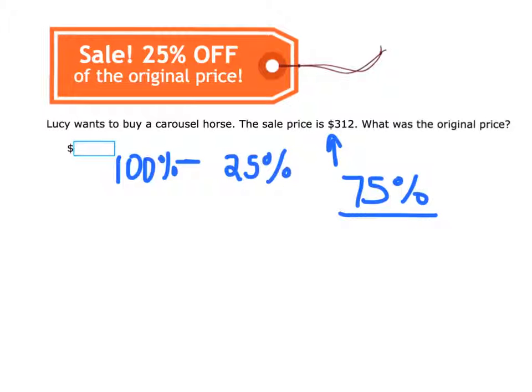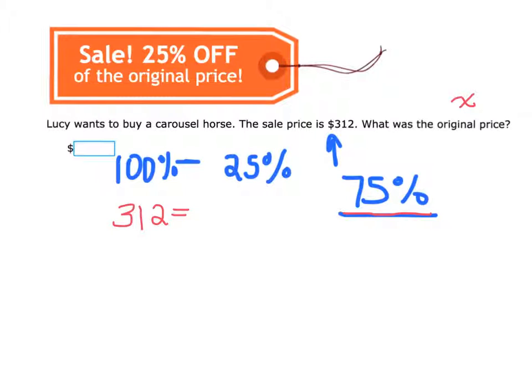So if we let the original price be the variable x, that's what we're trying to figure out, we could set up a one-step, very simple equation here. We could say that the price of $312, since it's 75% of the original price, is 75% of x, our variable.